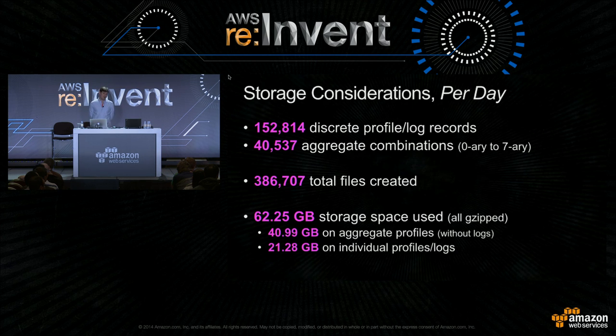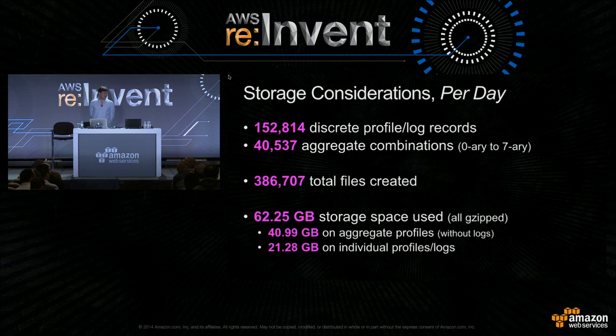We created 40,500 aggregate combinations from no attributes to all 7 attributes turned on, which created a total of 386,707 new files in Amazon S3. Luckily, we gzipped them because even when they're gzipped, they take 62 gigs a day. Oh, and we don't delete anything ever. So there's that, right?